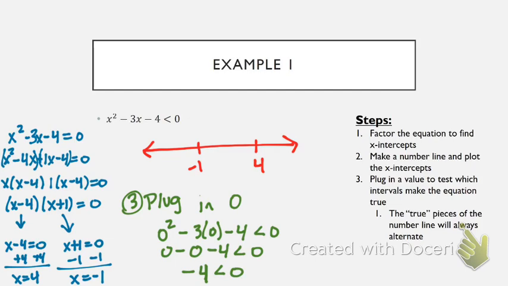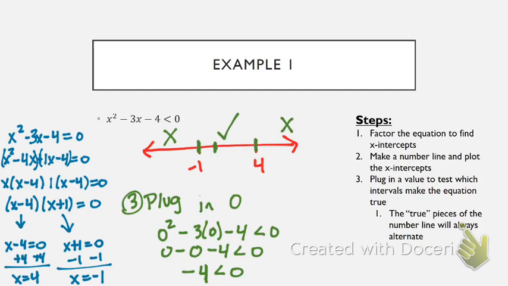So that means 0 is right here somewhere. So that means that the x value of 0 is true. So I like to put check marks. Since 0 is true, every number between here and here will also be true. Any number outside the range will not be true.